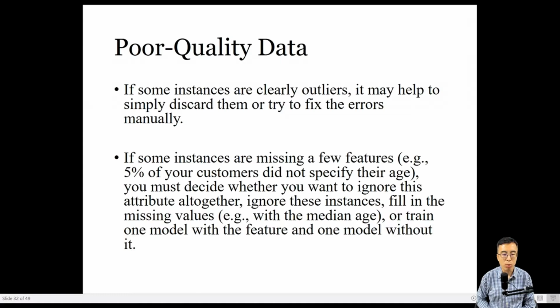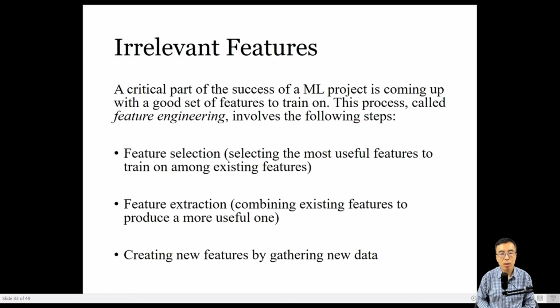Or you want to train one model with the features and one model without the feature with missing values so they can cross-compare and do some sensitivity analysis. So the bottom line is that when you have poor quality data or missing data, you have to do some additional exploring and decision making.